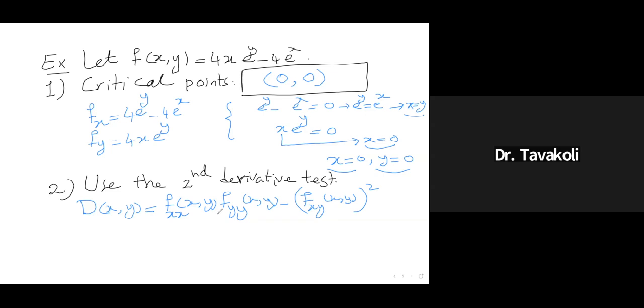The second derivative with respect to x, you can see easily that it is minus 4e^x. With respect to y, this second derivative is 4x e^y.